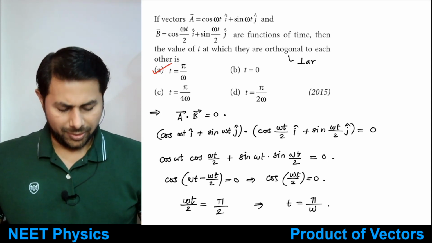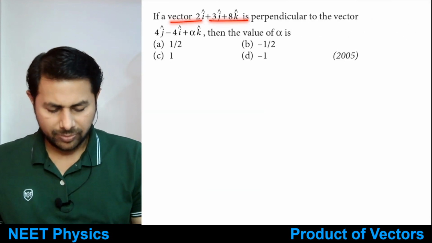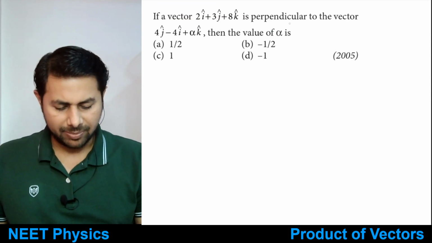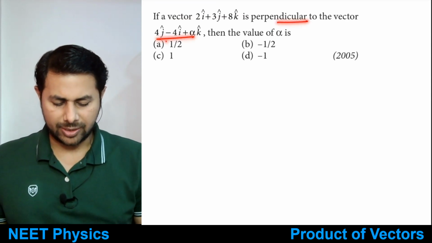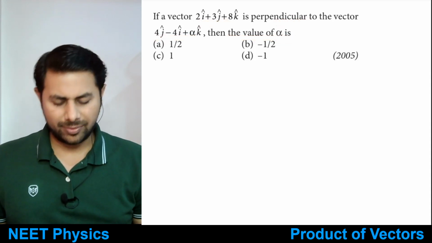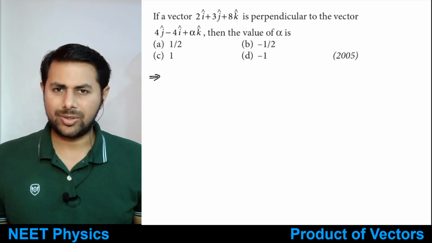All right, good. Then if the vector 2i cap plus 3j cap plus 8k cap is perpendicular to this vector, then the value of alpha is? Now we know that if they are perpendicular, then the dot product is equal to 0.